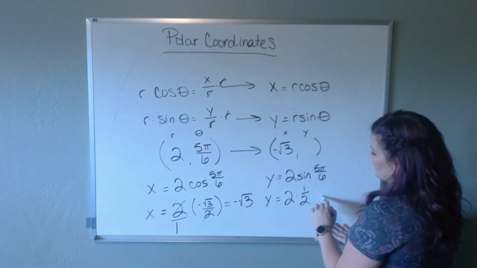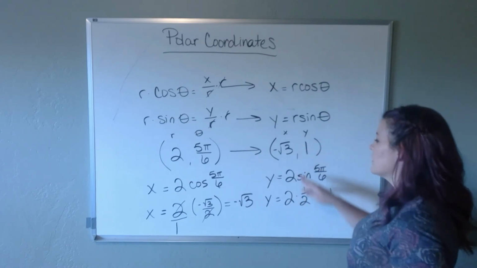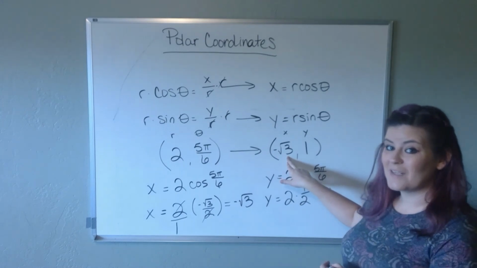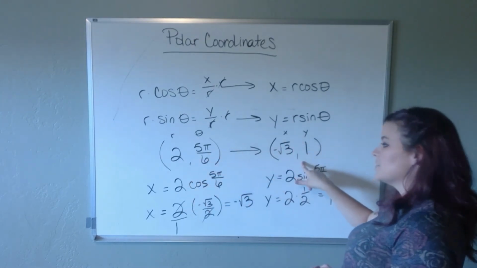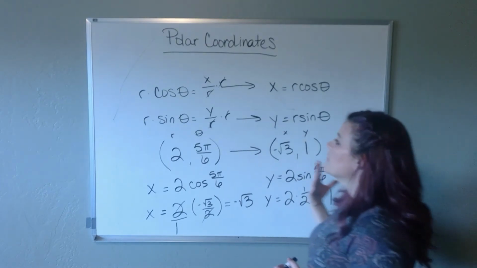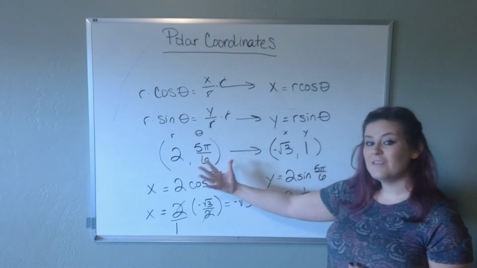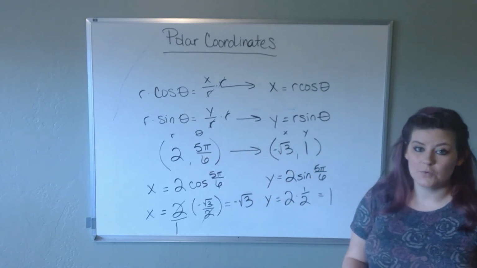And you guys, what happens is we end up with 1. So we took this polar coordinate pair and converted it to rectangular. Now, I've shown you that we can go back the other way. I love problems like this where either way you can confirm that these are actually the same point, just using a different coordinate system.